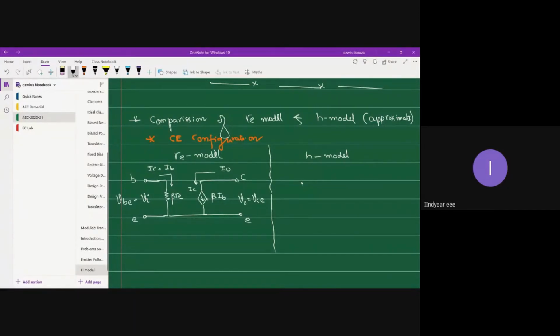Side by side, let me draw the approximate H model. What we have is HIE on the input side. And on the output side, we again have a controlled current source, but the definition is slightly different. The terminology, to be precise, is HFE into IB.